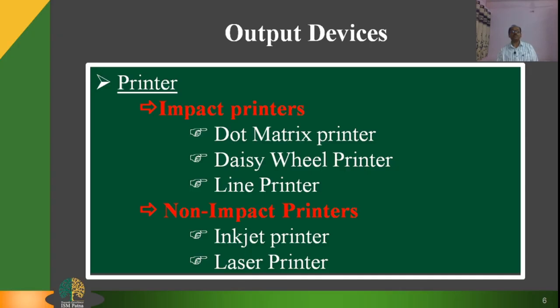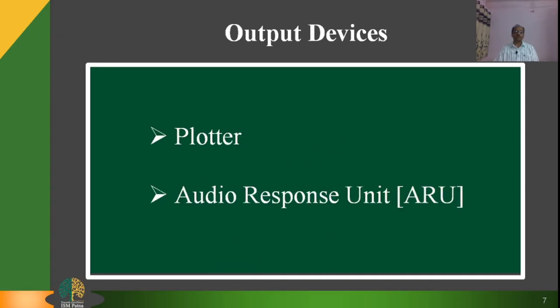The next device which we use to take output is the plotter. Plotters are used to produce precise and good quality graphics and drawings under computer's control. There are two types of plotters, drum plotter and flat bed plotter. Drum plotter. In a drum plotter, the paper on which the graph is to be drawn is mounted on a rotating drum.